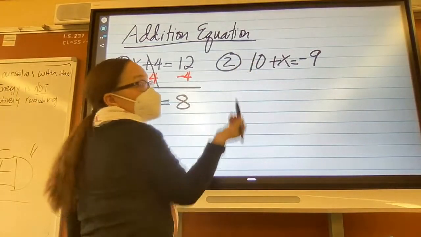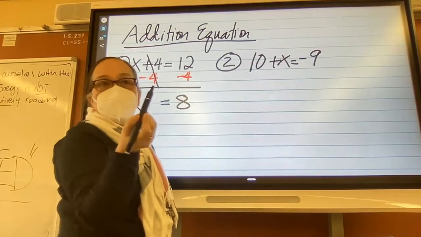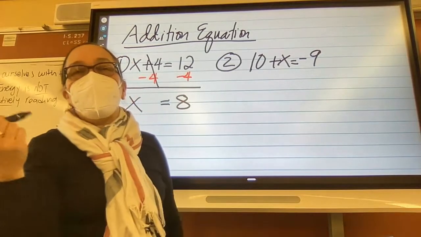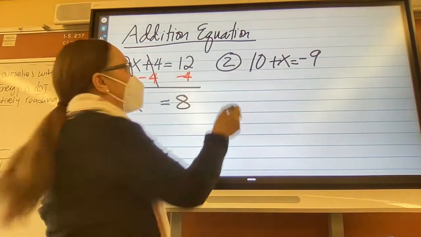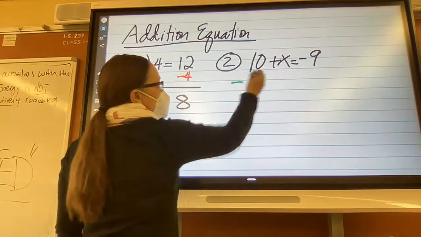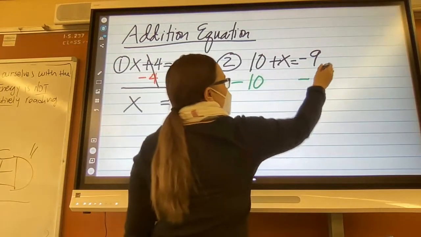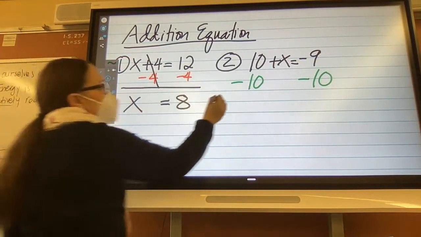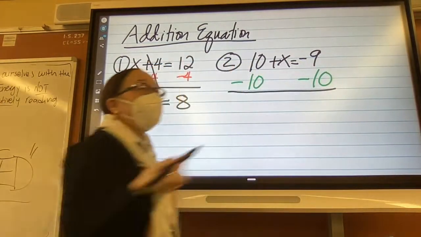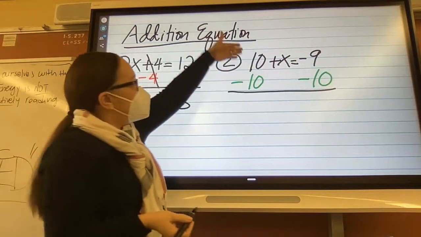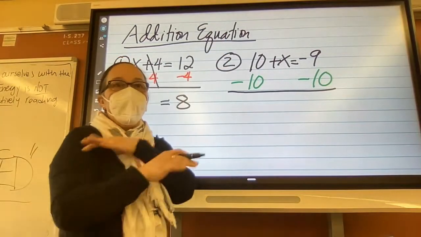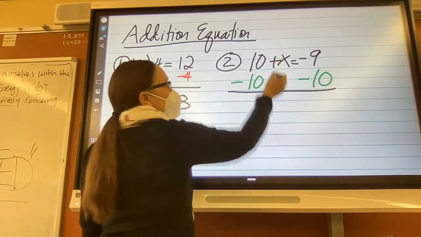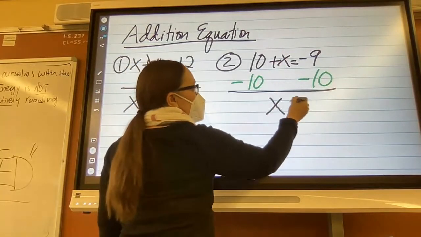See, instead of having a sign, it means it is positive. Positive 10 and plus 10 work exactly the same. So that's going to be minus 10 and minus 10 on both sides. And since we learned how to add different signs, it's not that bad. So 10 minus 10 gives you 0, so that's going to be x. What will be the value for this?